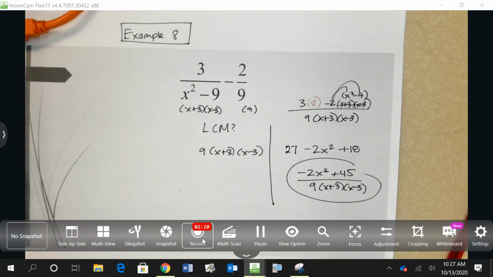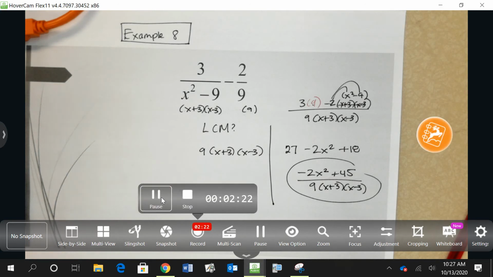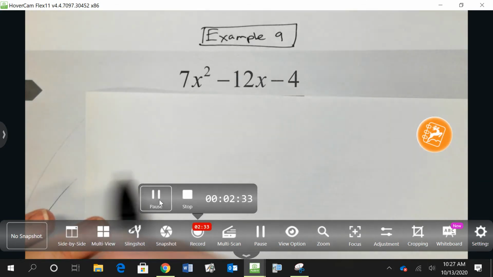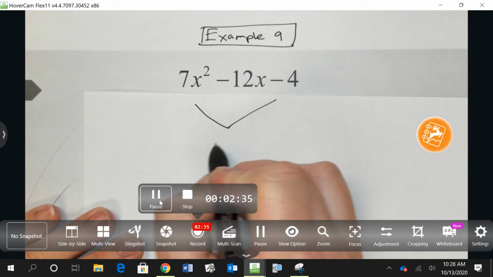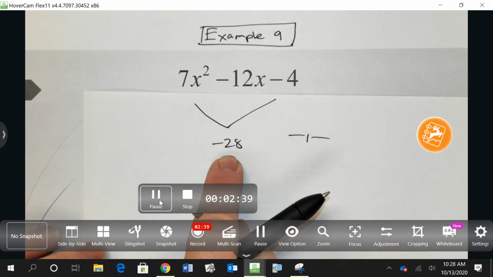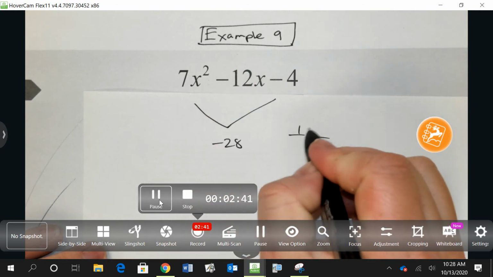That is example number 9. Example number 9 is going back to division. So I'm going to grab a piece of paper and I am going to both factor the top and factor the bottom. Finding two numbers that multiply to equal negative 28 and combine to give you a negative 12.